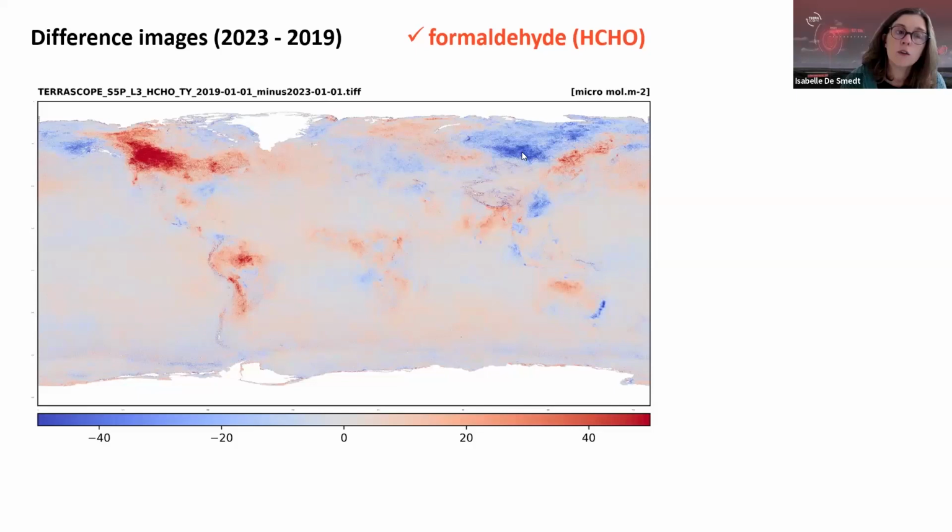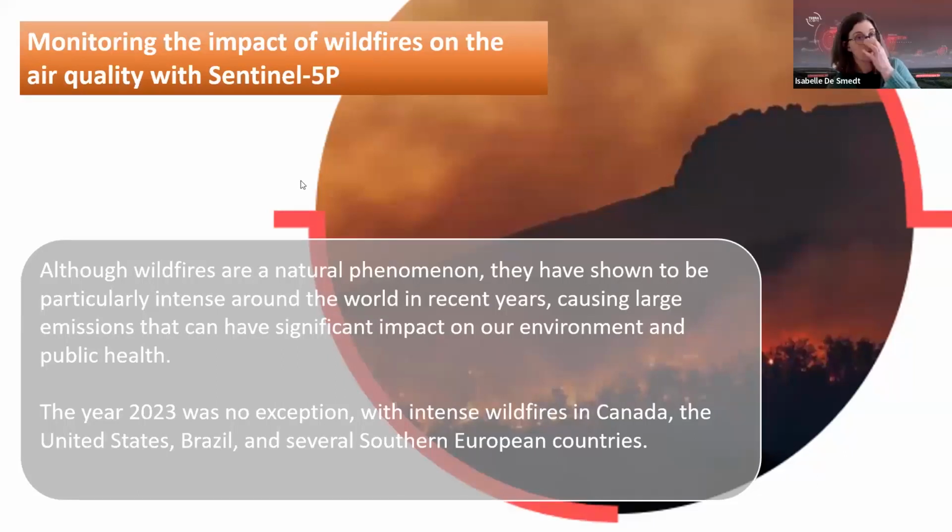That's because the fires were larger in 2019 in this case. Another increase over Eastern China, and also over Australia, but this is also because the fires were really strong in 2019. But let's focus also on the fire in Canada last year. So that's the first use case that we wanted to show.